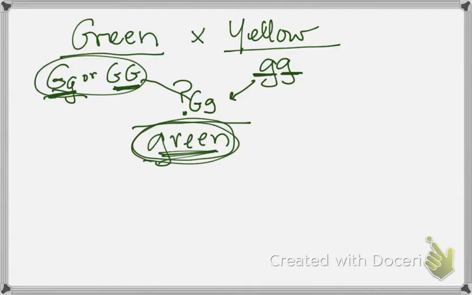This is just looking at a cross that is only determined by one gene. Most of our genes in our body, though, and in most organisms, are determined by multiple genes together. So Mendel was lucky in that he picked 7 traits that were only determined by one gene, and so they worked out really simply.